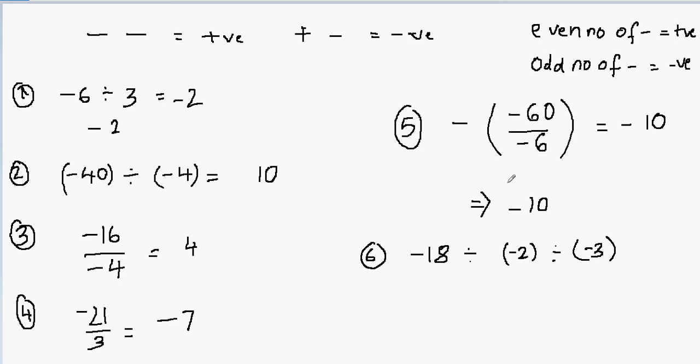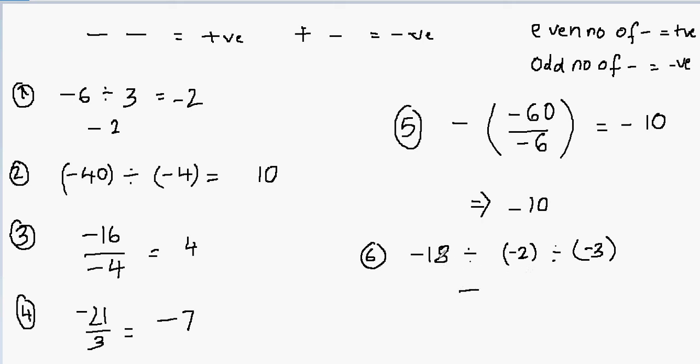If you use the general rule, how many signs do you see here? 1, 2, and 3. So 3 is an odd number. If you have an odd number of negative signs, you'll have a negative result. So I know for sure that this will generate a negative result, so I can just put the negative sign in front of it. Now I only have to worry about the division.